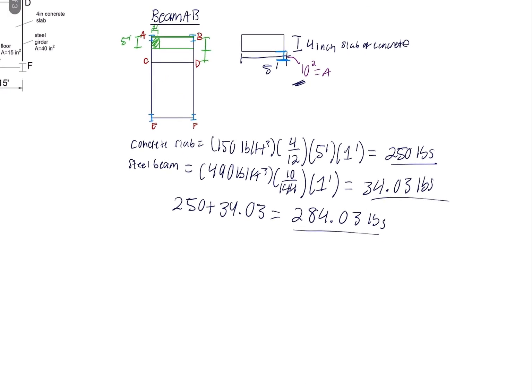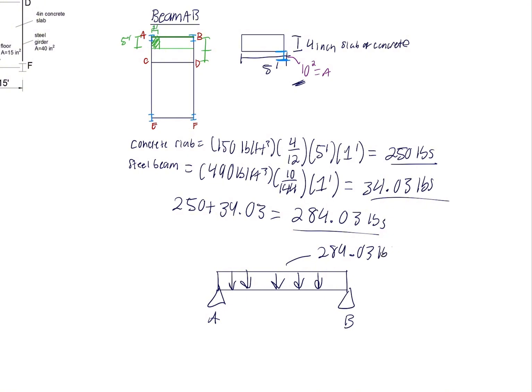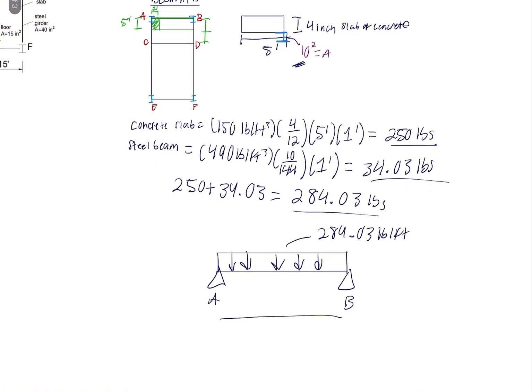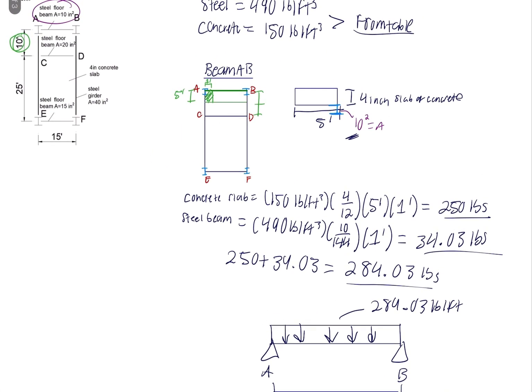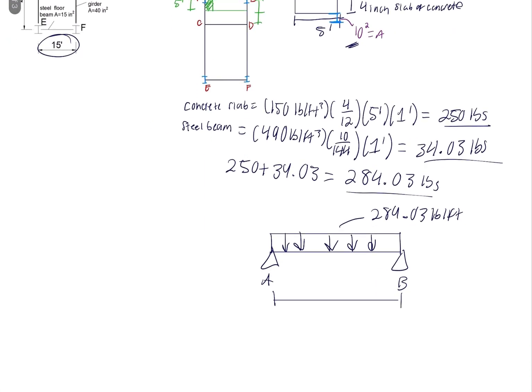We can now draw the beam. We can now draw beam AB, and we know that the distributed load will be 284.03 pounds per foot, and the length of this beam is going to be 15 feet.